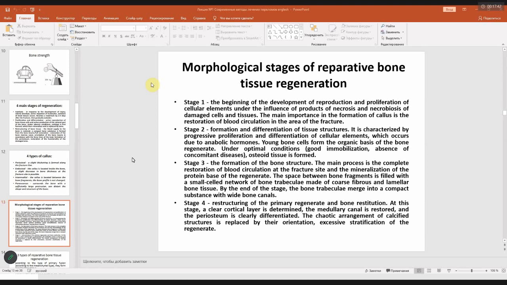The chaotic arrangement of calcified structures is replaced by orientation, excessive stratification of the regenerate.